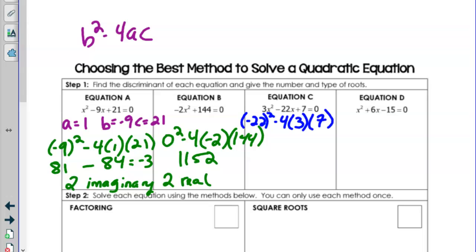Very good. What is negative 22 squared minus 4 times 3 times 7? You can do it all at once. 400. Good. Greater than 0, so what are my solutions going to be? 2 real, okay.